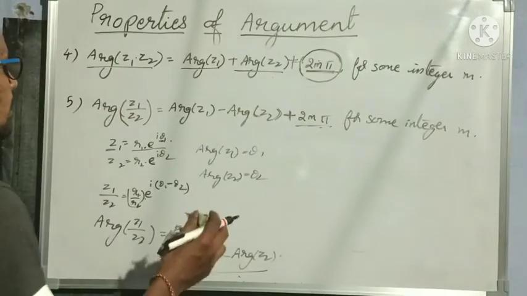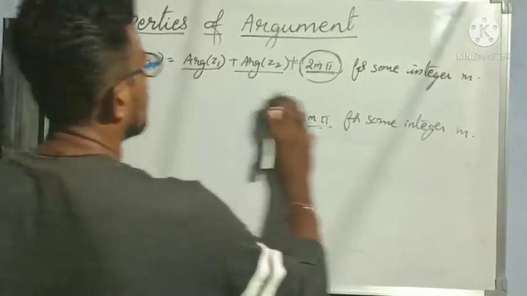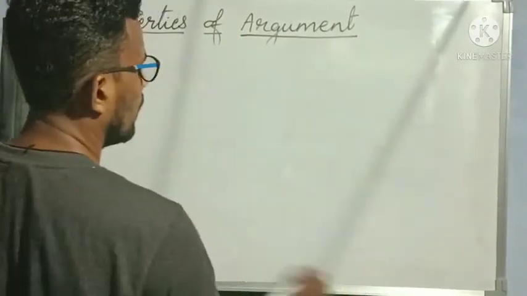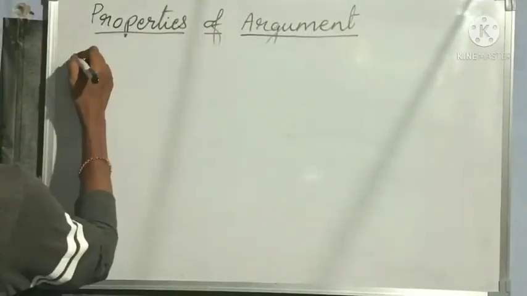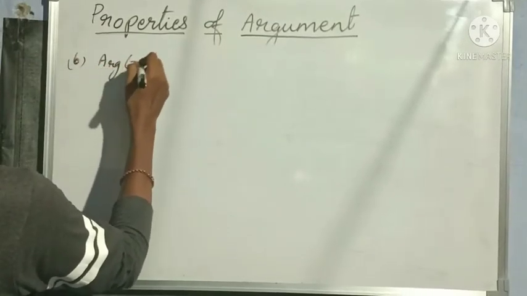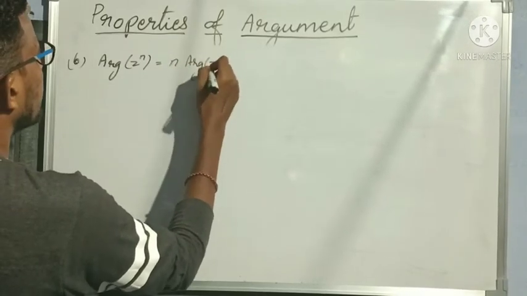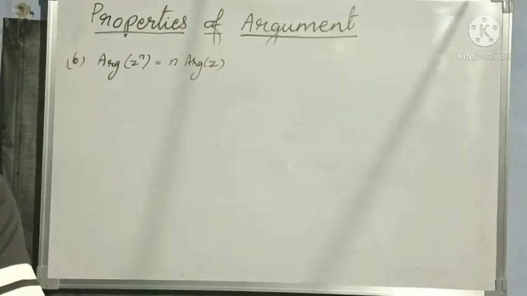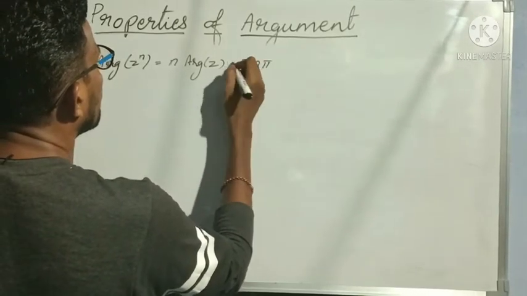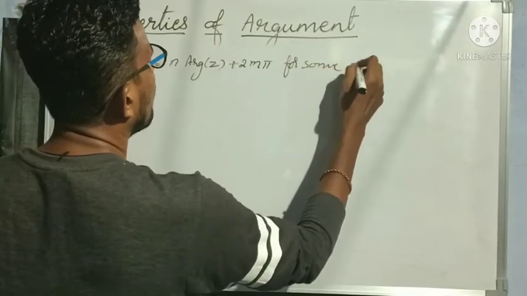Next, last but not least, sixth property. Very important, sixth property. Argument of z power n is equal to n into argument of z. Here also plus 2m pi for some integer m.